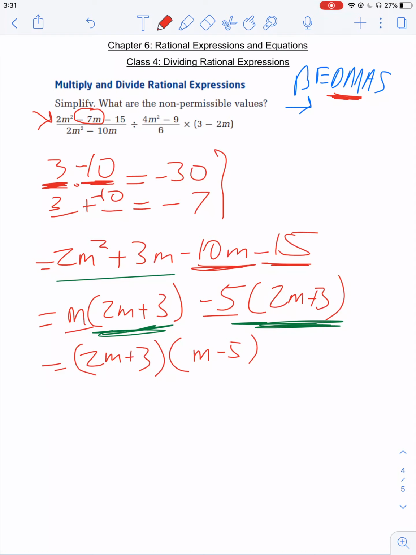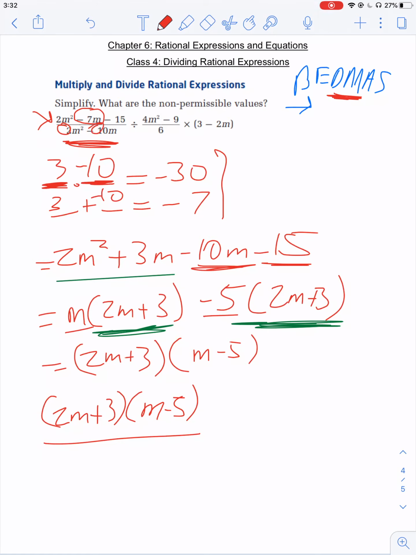Now let's rewrite this question with all the factoring. This is the only one that requires some work on the side. The other stuff should be fairly straightforward. Now this has 2 terms, and both of them have an m. Just be careful. You can factor the m, but there's something else to factor with the m. You have a 2 and you have a 10.